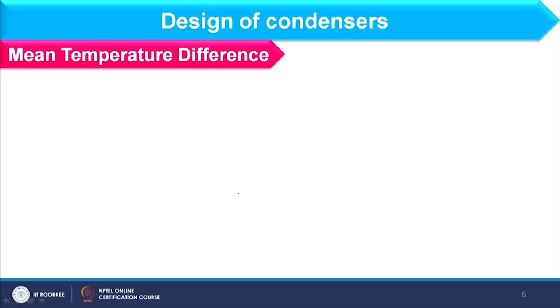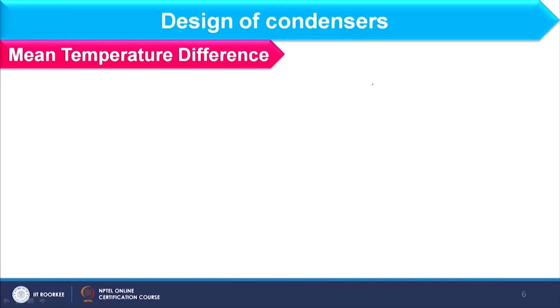So, if I am considering pure vapor, condensation will occur at isothermal condition. However, the coolant temperature will keep on varying. So, when I am considering pure vapor, in that case only condensation will occur, and that should be at constant temperature.